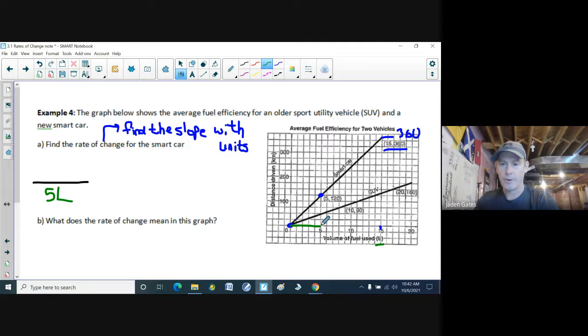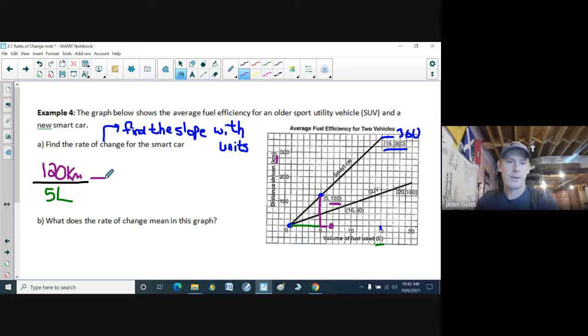We move from left to right here. We went right 5 liters. And then we're going up. Now, this is 0 here, the height of 0. And it looks like we're going up to 120. So we've gone up 120. And the units, distance traveled, kilometers.